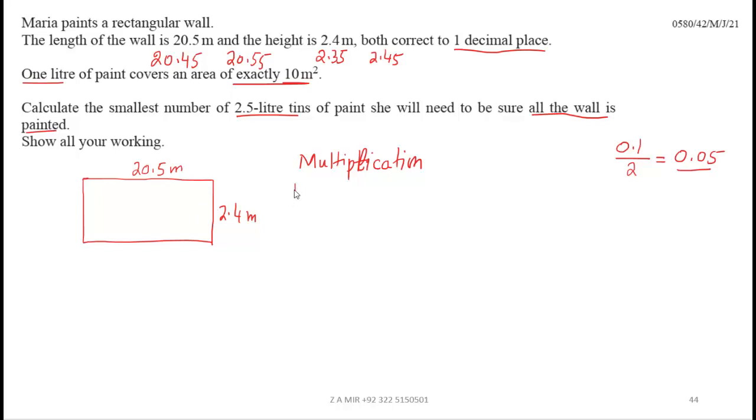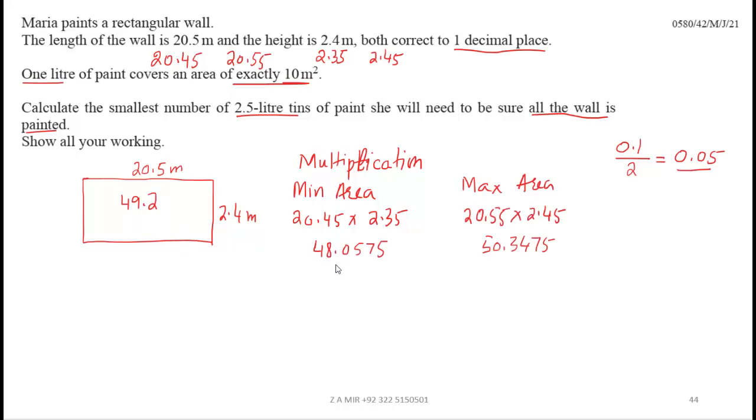So we multiply the lower bounds of both numbers, 20.45 into 2.35. This will give us the minimum area, and to find the maximum area we multiply the upper bounds of both of them. That will give us the maximum area that the wall can have.